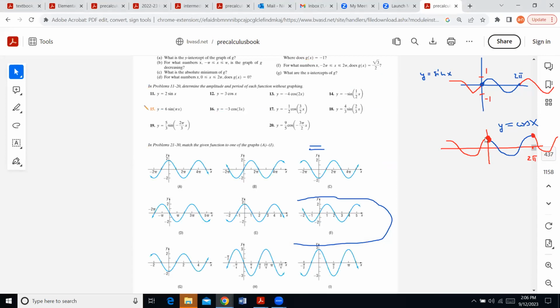So I'm going to try number 19 to start. This deals with 5 over 3 multiplied by the sine function, and the sine will be taken of negative 2 pi over 3 times x. Okay.